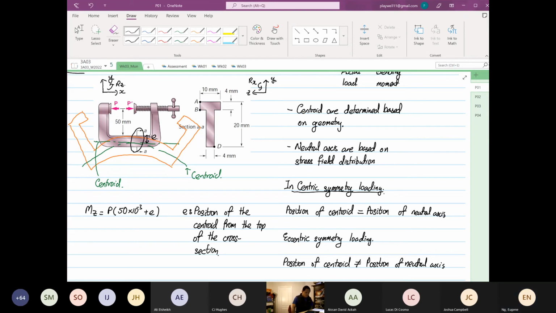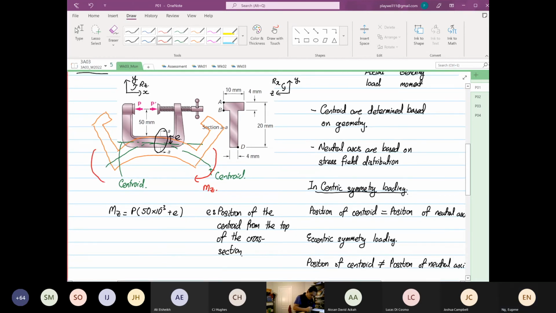So when we have done this, we will now know how the moment is applied. By looking at the deformation pattern, we know how the moment is applied. So I'm going to draw the applied moment. This is our applied moment, and on the other side, this is our applied moment.